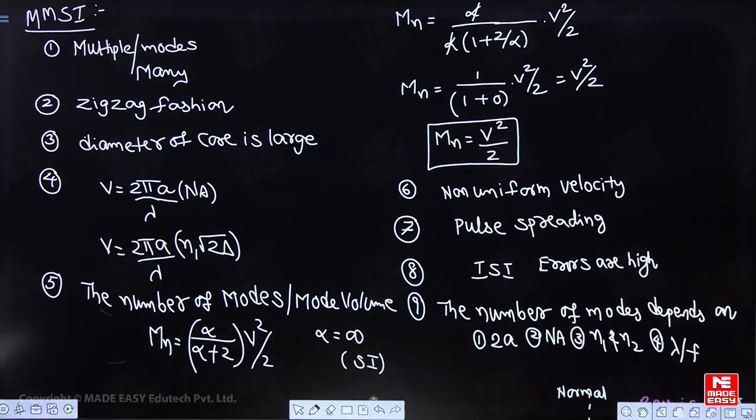Next point. The number of modes possible for a multi-mode fiber depends on, first point, the frequency or wavelength of the light signal.